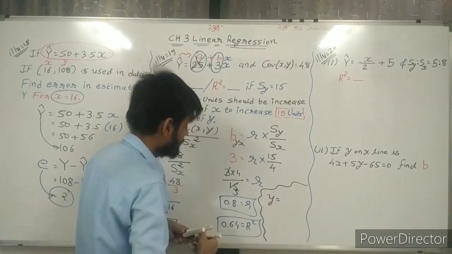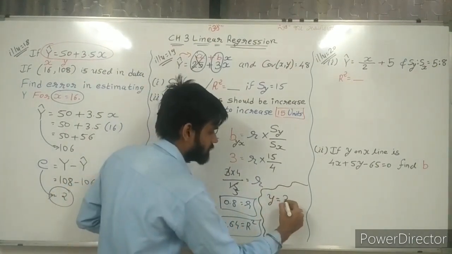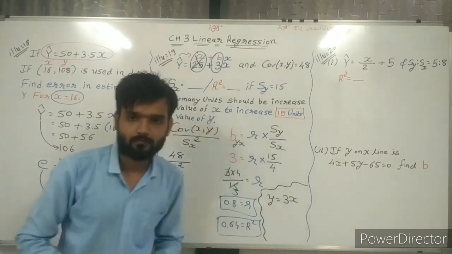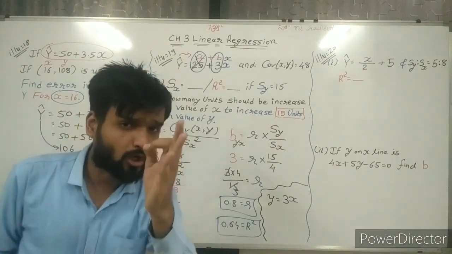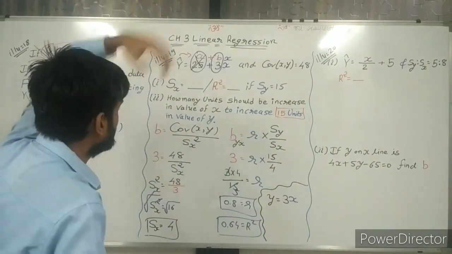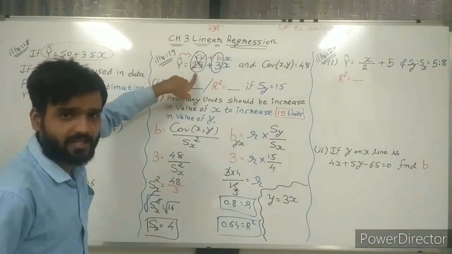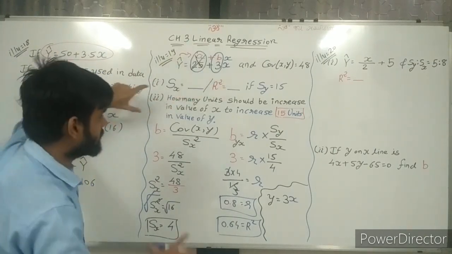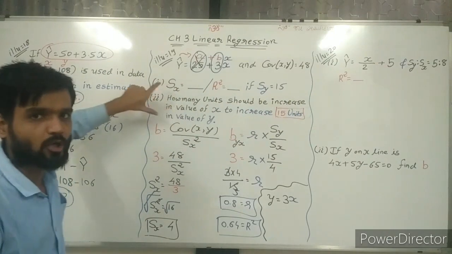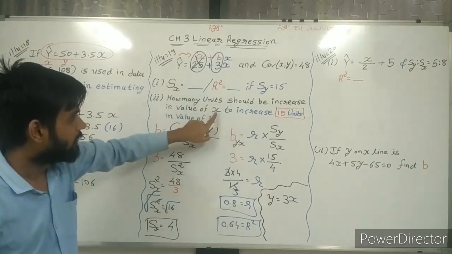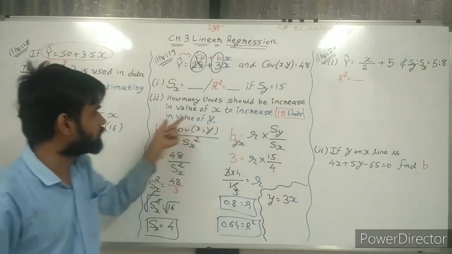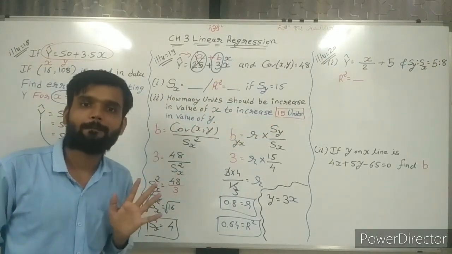y is equal to 3x. Again, I am telling all of you, don't consider this a, 25. Take only these two things. Whenever this type of question is asked in your examination, how much increase in the value of x to increase 15 units in the value of y?